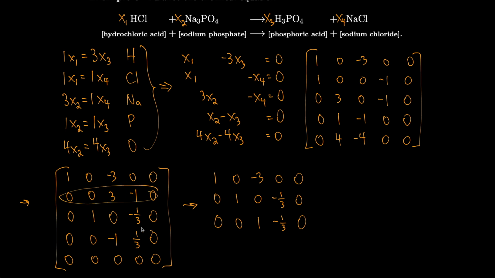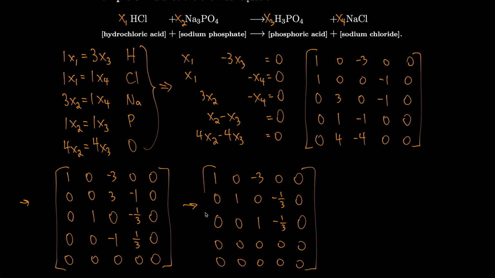Notice this row is a multiple of this one, so I can cancel it out, just get zeros. And I still have zeros in the bottom. Okay, I just have to get rid of this minus 3, so I'll just add 3 of these. So I get 1, 0, 0, minus 1, 0, 0, 1, 0, minus 1/3, 0, 0, 0, 1, minus 1/3, 0, and then all zeros.